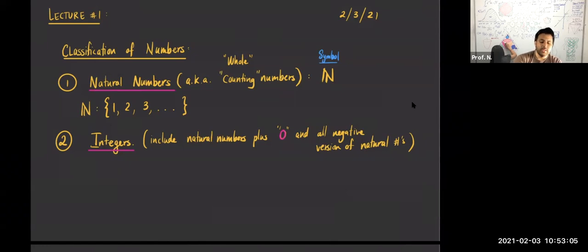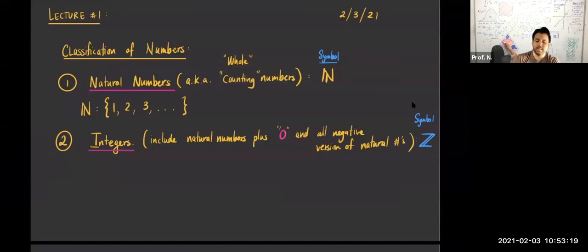So the symbol for the integers is something that you wouldn't expect. There is no I. It's like a Z with an extra slash.